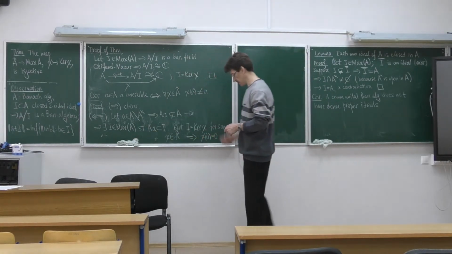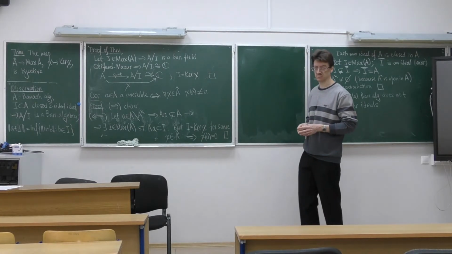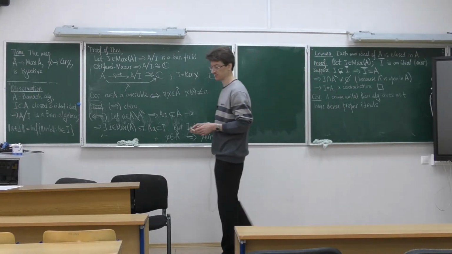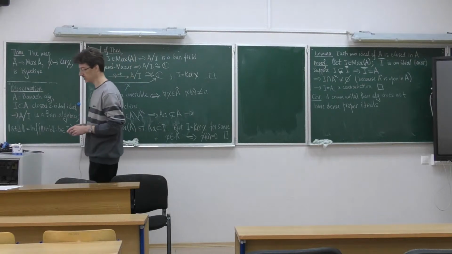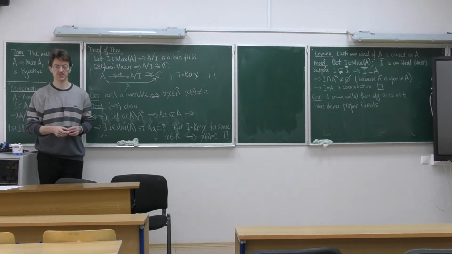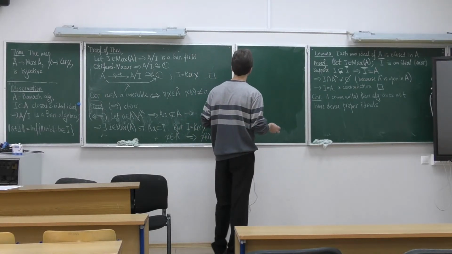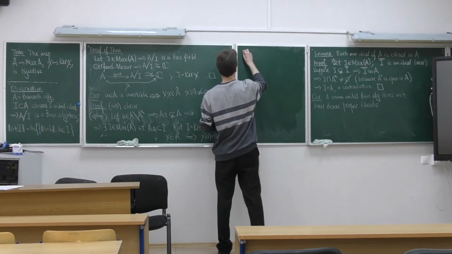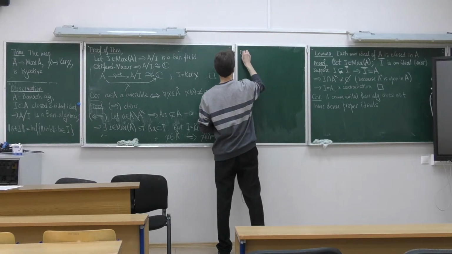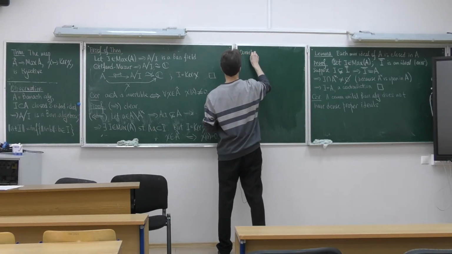Okay. Well, so far, the maximal spectrum is just a set. Our next goal will be to make it into a topological space. Towards this goal, we adopt the following convention.